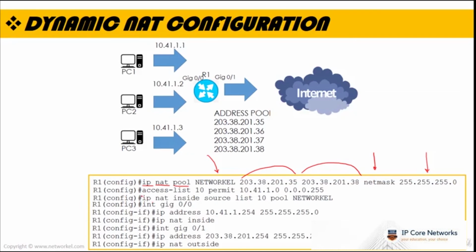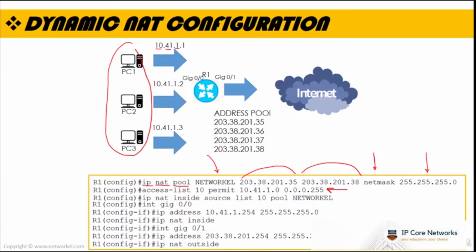Then I'm creating an access list, and I'm permitting my internal network, which begins with 10.41.1 in here, using the proper wildcard mask.